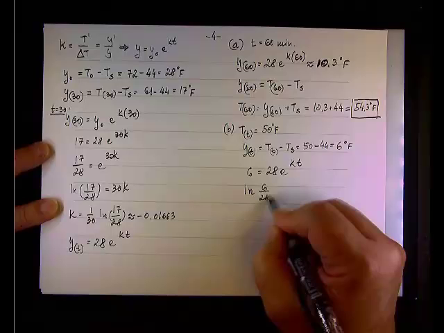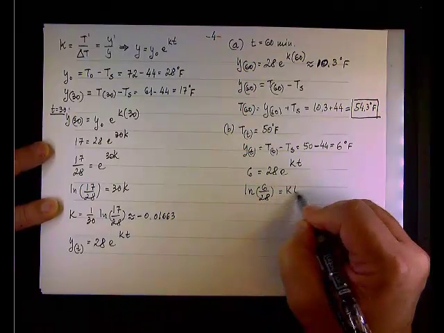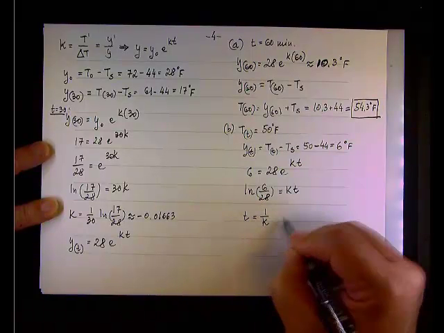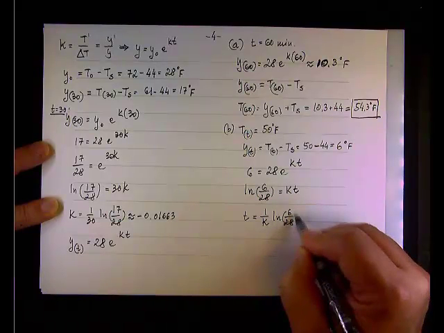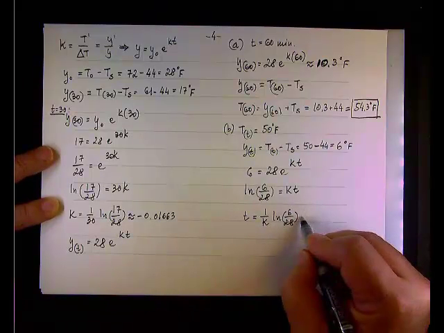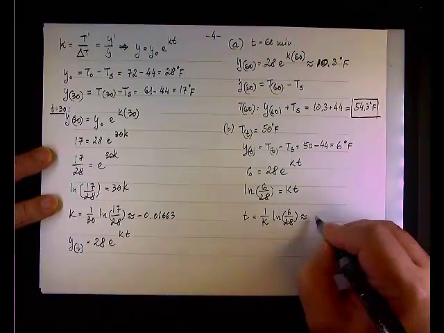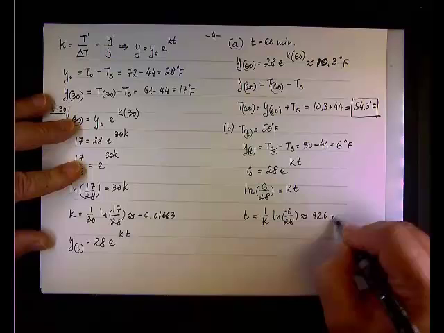So the natural log of 6 over 28 equals kt, and therefore t equals 1 over k, the natural log of 6 over 28. Okay? And k, I know what it is, and I calculate it. And again, I've done that, so I end up having 92.6 minutes.